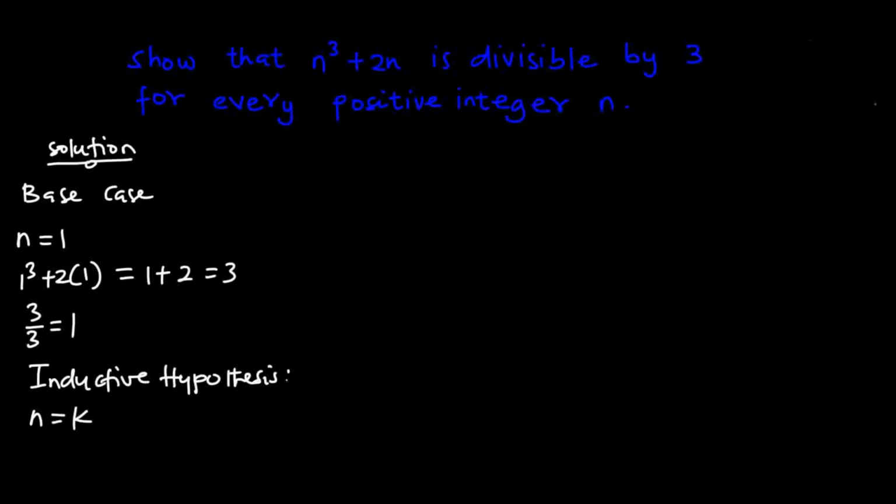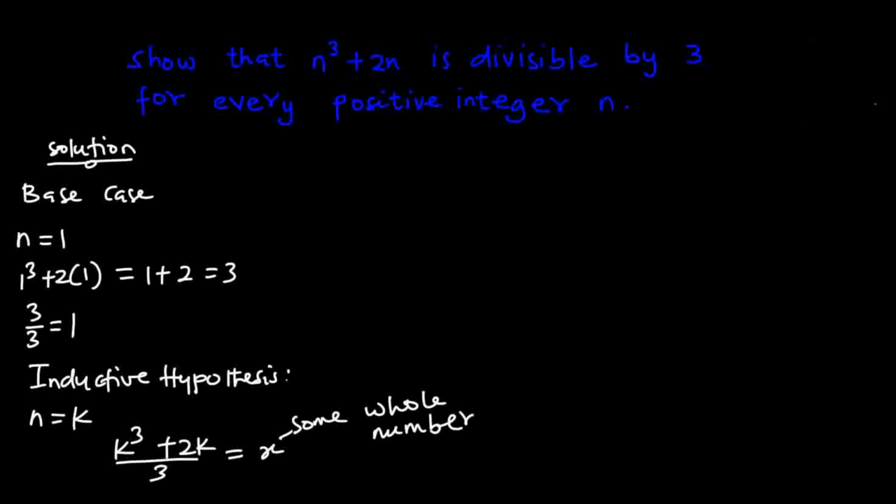We therefore have k to the power 3 plus 2k to be divisible by 3. This means that when we divide this expression by 3, we get a whole number. Let's make this whole number x, some whole number.